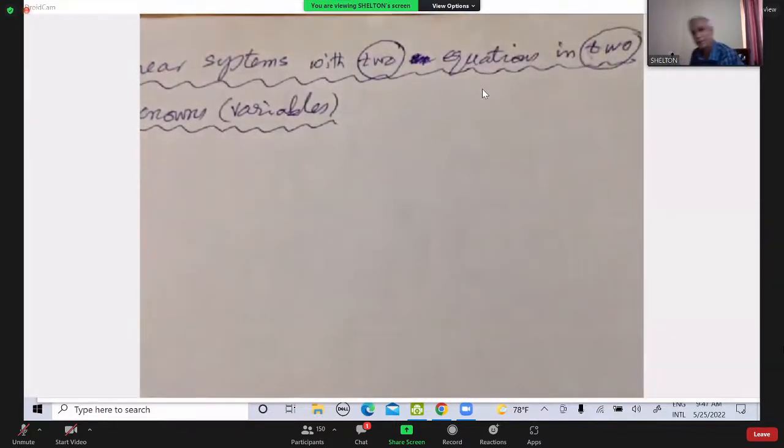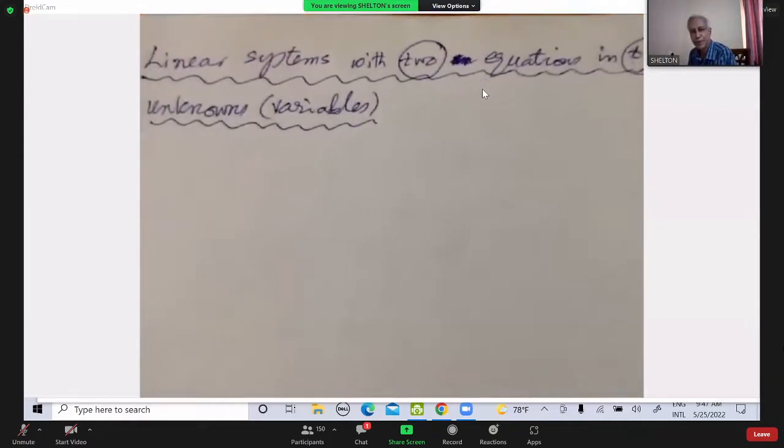We can use x1, x2 notation, or the familiar xy notation.